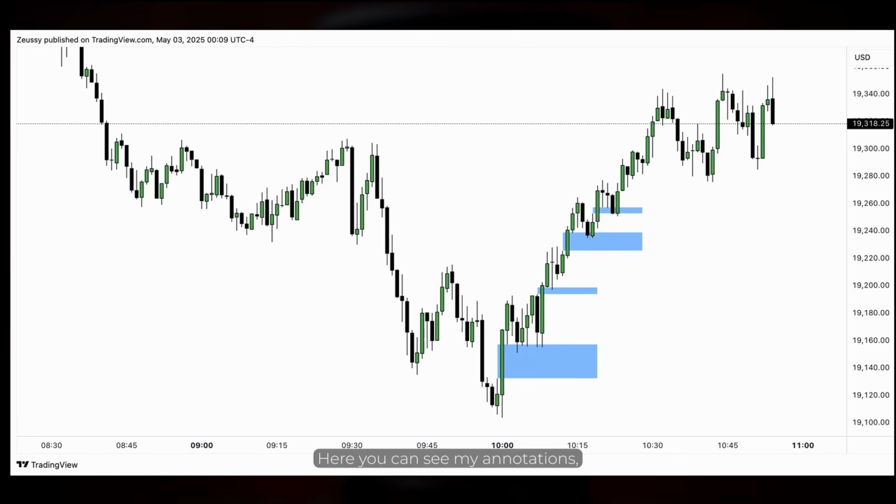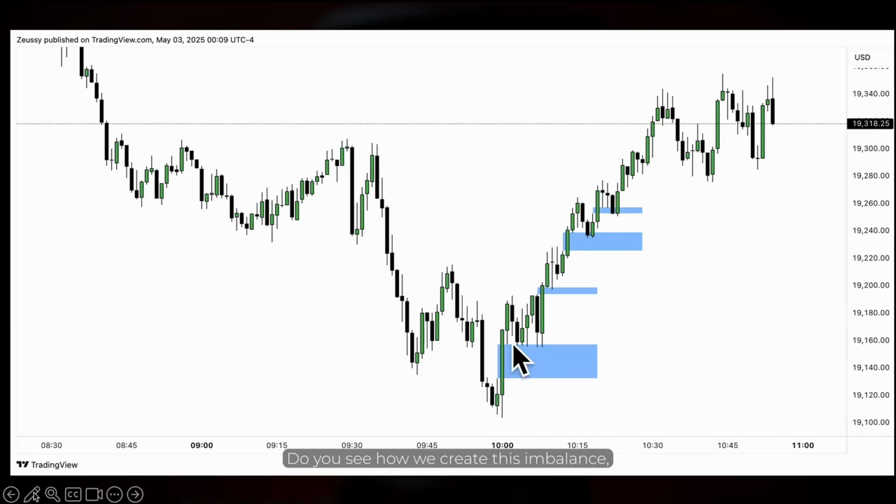Here you can see my annotations, and what I would like you to see is that I've outlined the buying opportunities which present themselves. Notice that we saw the market form a low right here, around 10 o'clock, and notice that we saw the market reprice higher significantly. Do you see how quick these upclose candles right here are?